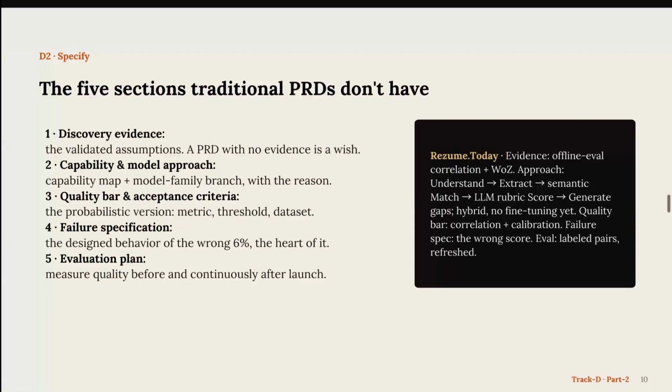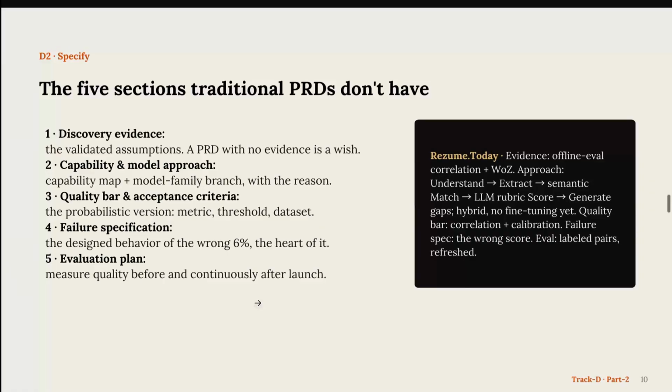So how do we ensure that evaluation or the regression of the product stays consistent even after launch? Very important. For Rezume.Today, evidence collection could be offline evals, correlation plus Wizard of Oz test.